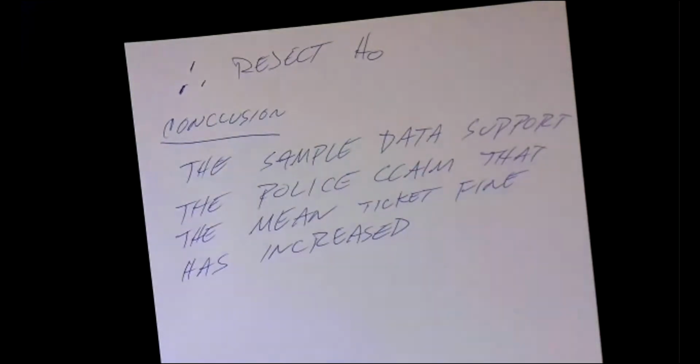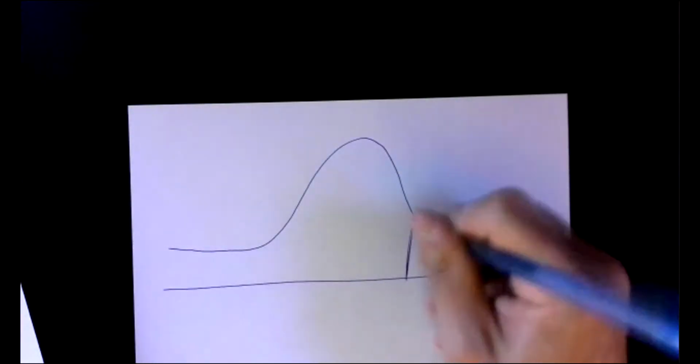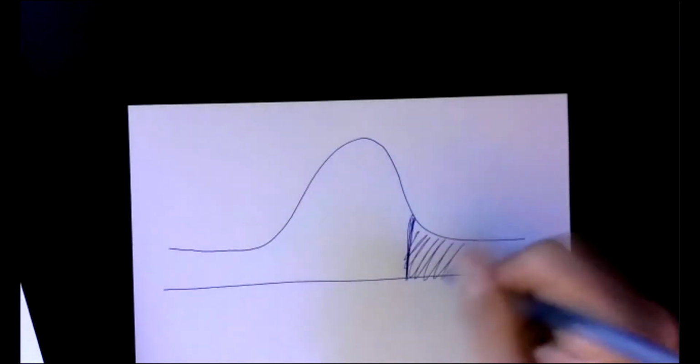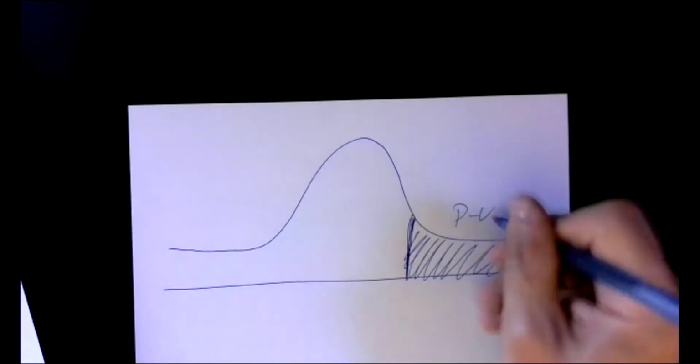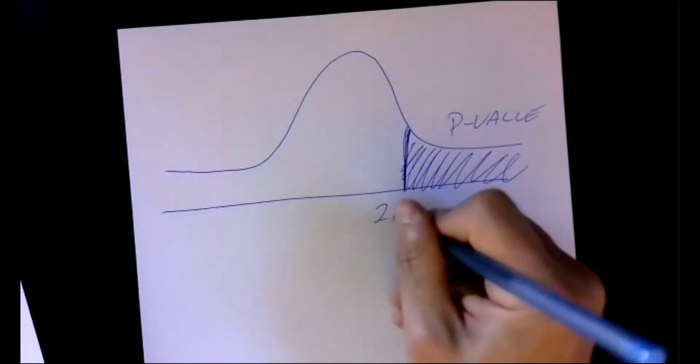Now, if you wanted to use the p-value method, it would be very similar to the previous problem. Still a right-tailed test. The area in the tail is the p-value. The test statistic is 2.83.